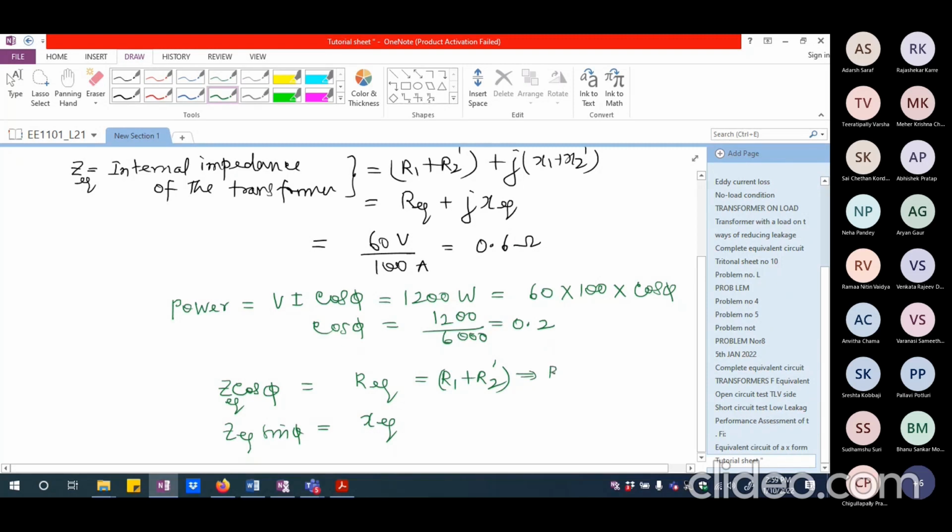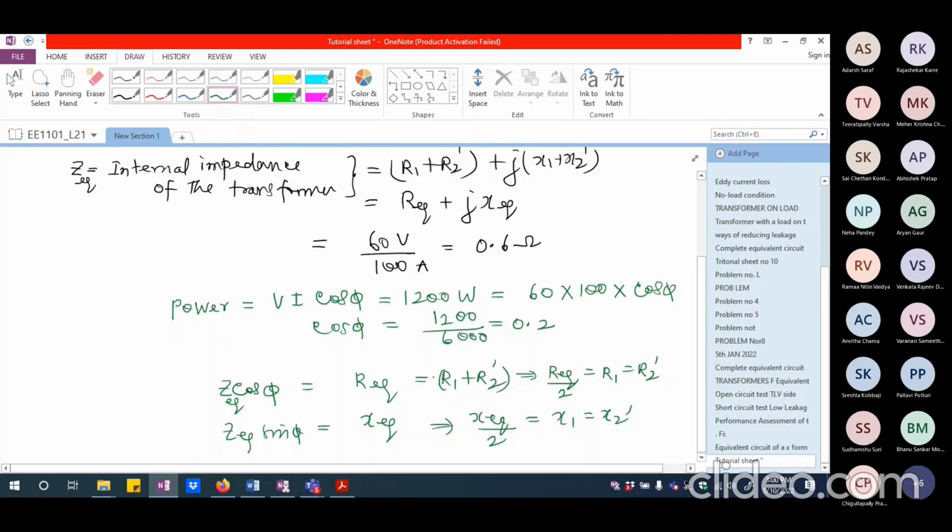So R equivalent divided by 2 equals R1, which is also equal to R2 dash. Similarly, X equivalent divided by 2 will be equal to X1 as well as X2 dash. This is an assumption. Very clearly, we don't have a clear-cut way of segregating these two. Any questions on this? Is this all right?